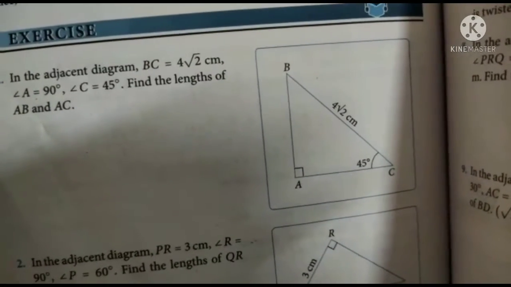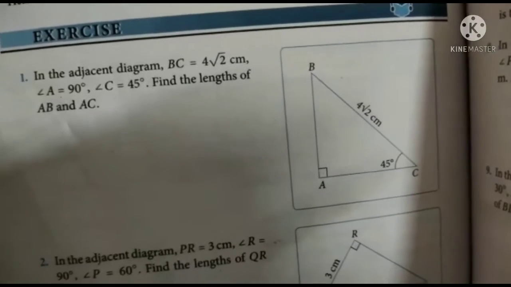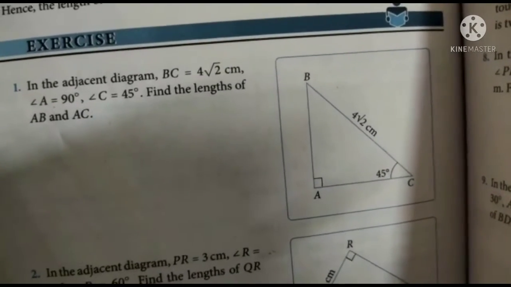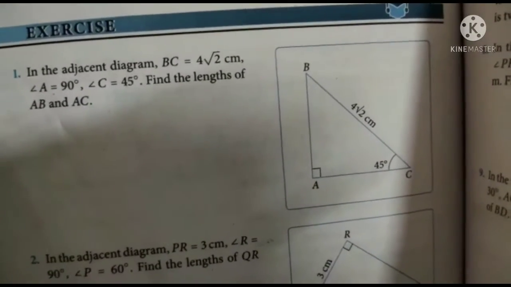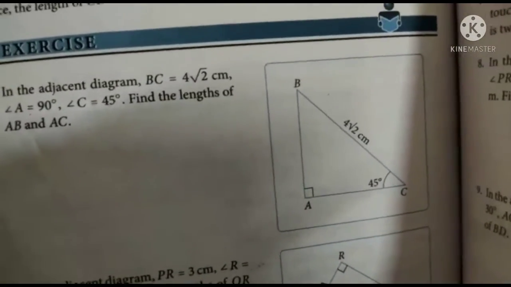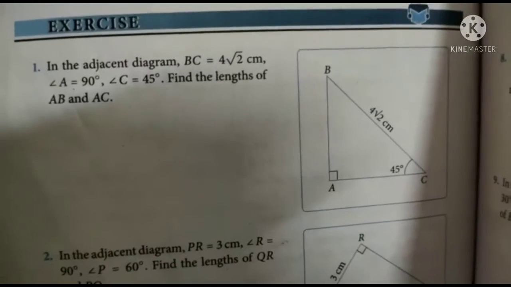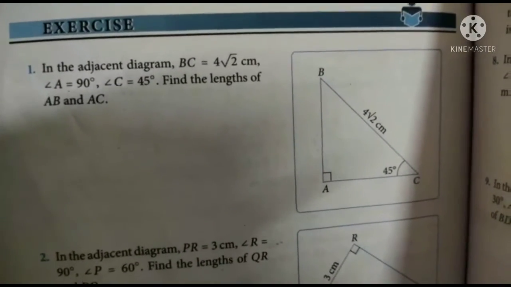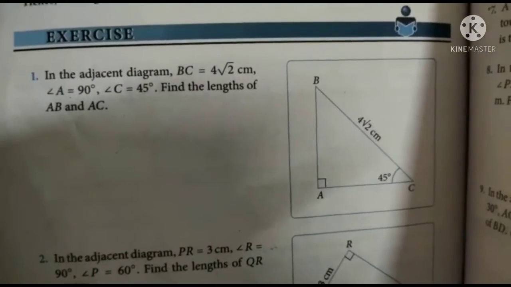The hypotenuse is given as 4√2 centimeter, angle A is 90 degrees, and angle C is 45 degrees. You have to find the lengths of AB and AC respectively. So let's see how to solve this sum.